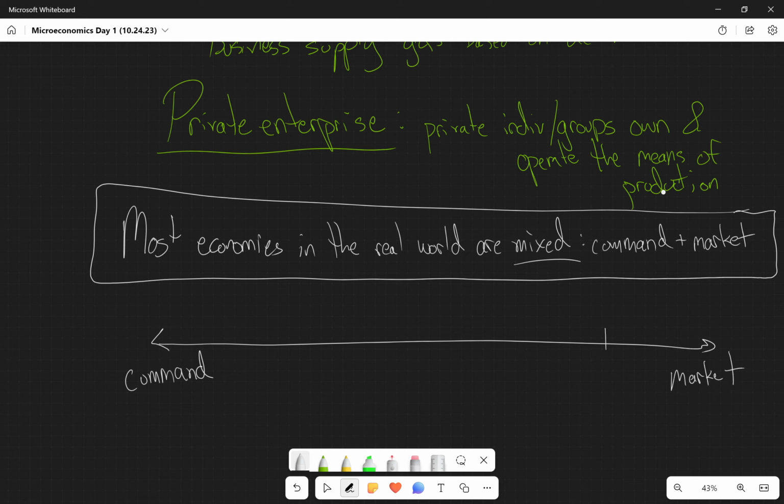So we could put the US over here. We would put places like Russia and China more over here, and we'd put Europe and Latin America somewhere around here. While they're primarily market-oriented, they still have a lot of government involvement in economic decisions as compared to the United States, which takes a bit more of a hands-off approach.